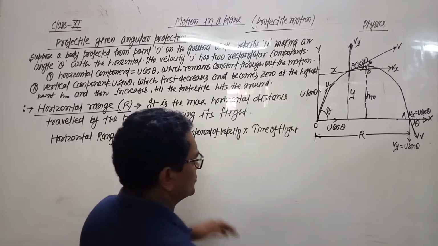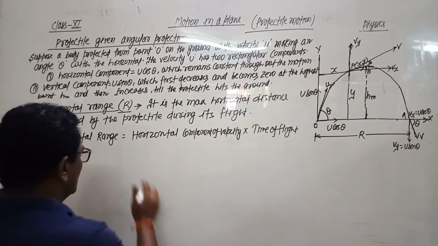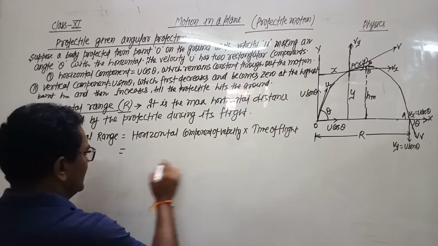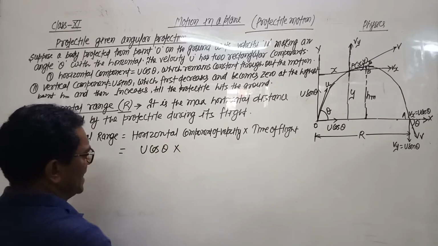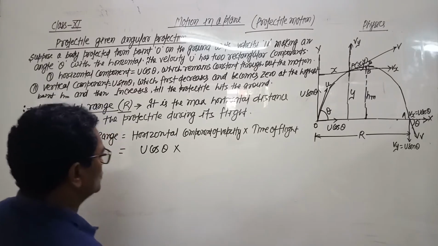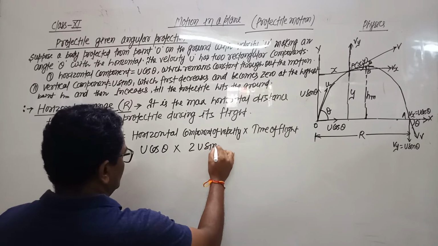Horizontal range is the horizontal distance, and horizontal distance equals horizontal component of velocity into time of flight. And the horizontal component of velocity is u cos theta, and time of flight is 2u sin theta upon g.